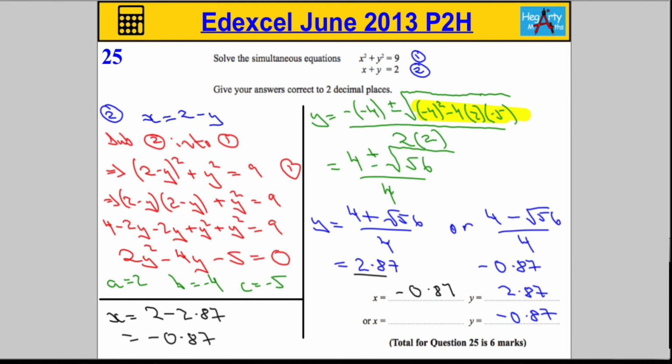Let's write that in there. And the other possible value, really running out of space here, could be 2 minus negative 0.87. Two negatives become a positive in this case, so we're going to get a value of 2.87. And that should get us all 6 marks.